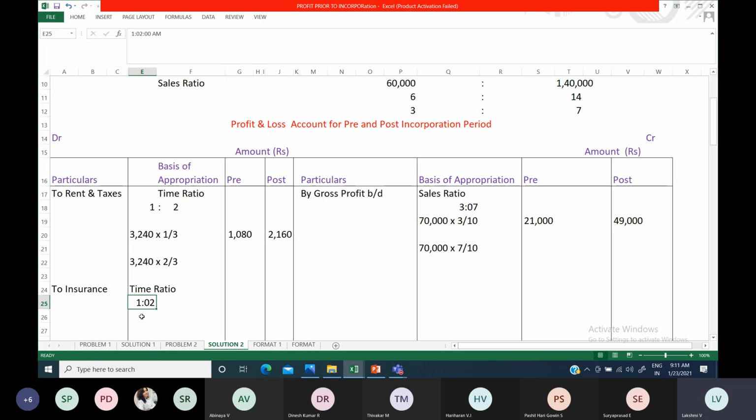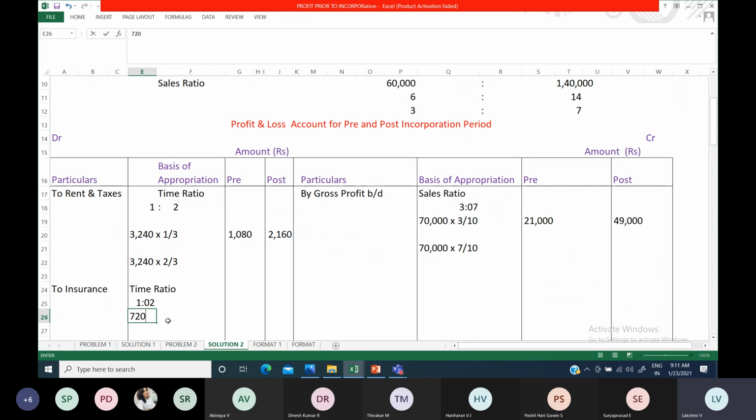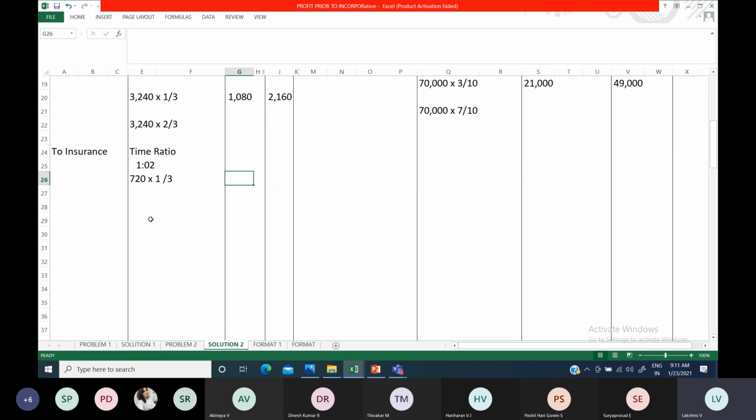So calculate 720 into 1 divided by 3. That amount has to be entered under the pre-column. Similarly, for the post column, 720 into 2 divided by 3. How we are getting 3 means 1 plus 2, 3.